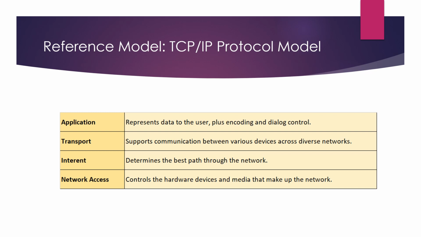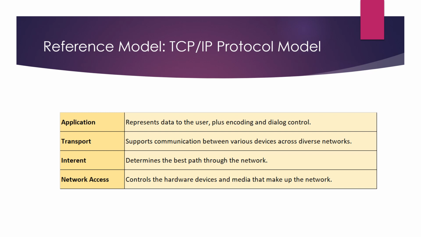So in this model there are 4 layers, and as you saw a couple of slides before, the 3 layers of the OSI model were merged into 1 layer. The application, presentation, and session layers were merged into one application layer in the TCP/IP protocol model.